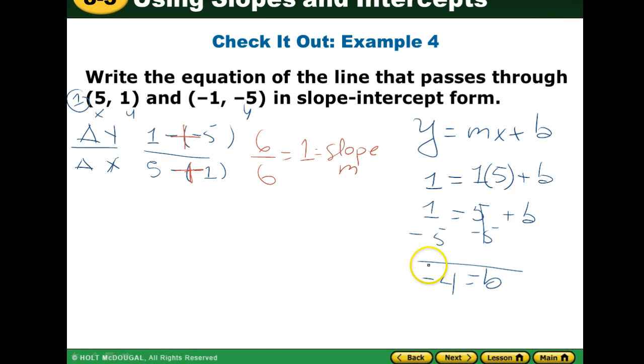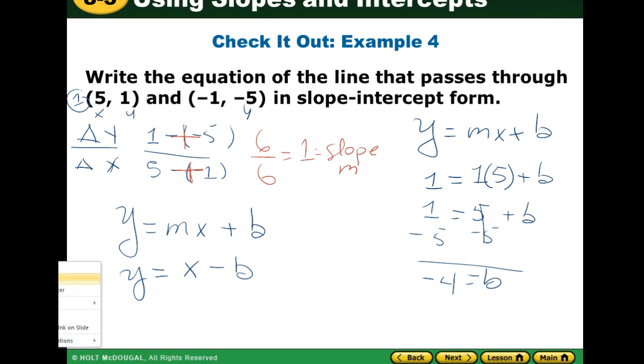Now I have the slope and I have the y-intercept. All we have to do now is put it together. So again, the equation y = mx + b, the slope happens to be 1, so it's just going to be x, instead of saying 1x, and the y-intercept here is negative 4, so it's going to be minus 4.